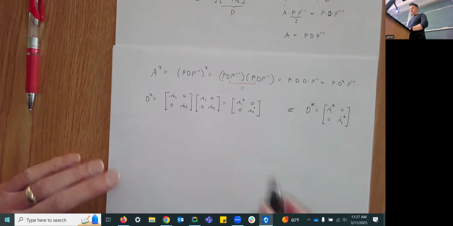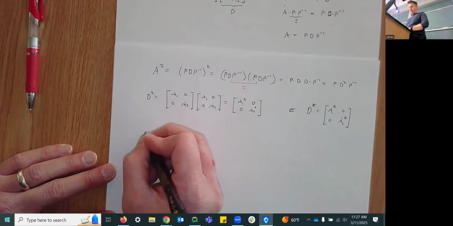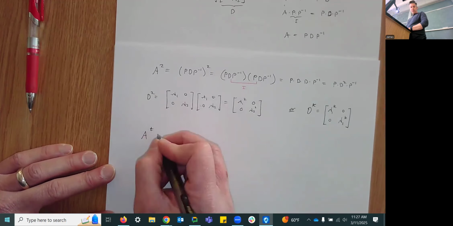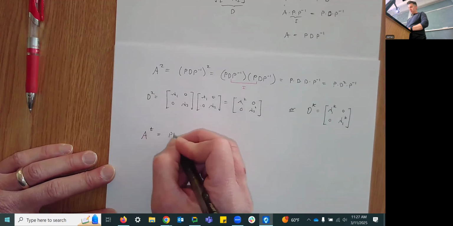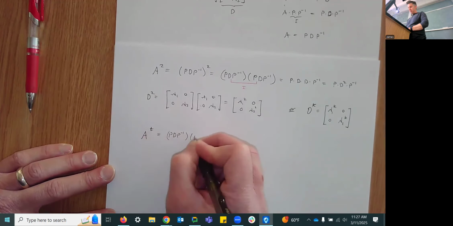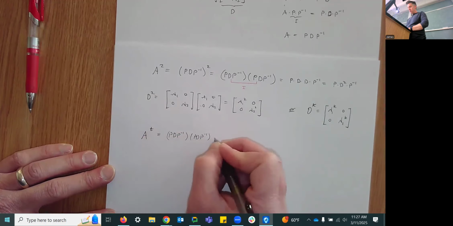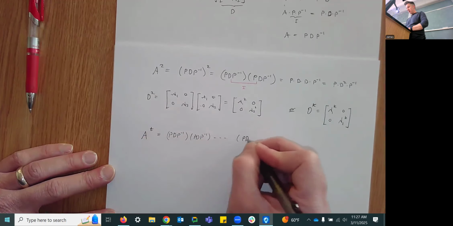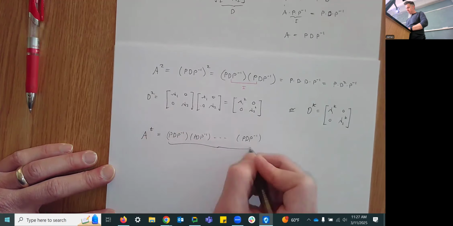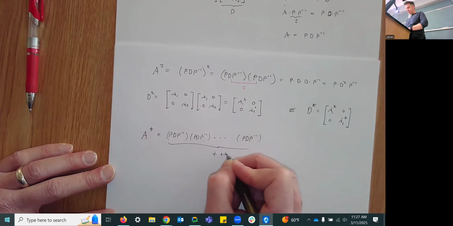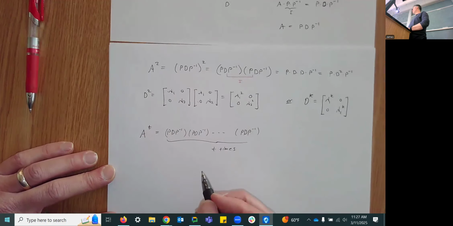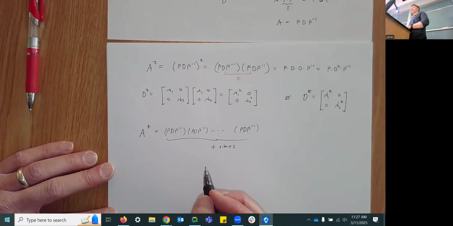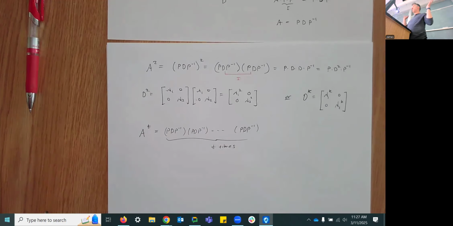So we can generalize this and say, well, cool. That means A raised to any power is just going to be PDP inverse times PDP inverse times PDP inverse that many times. But then all the inner P inverse P's are going to multiply to the identity, which are then just going to kind of disappear.